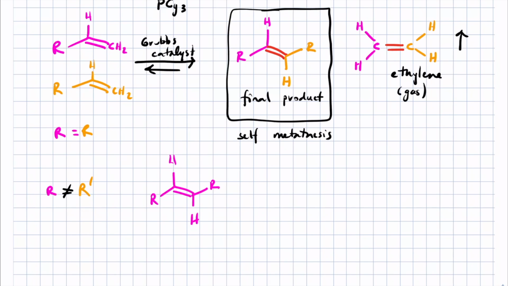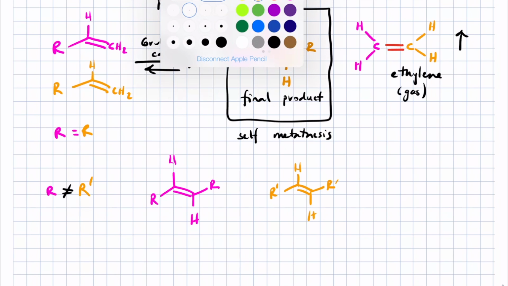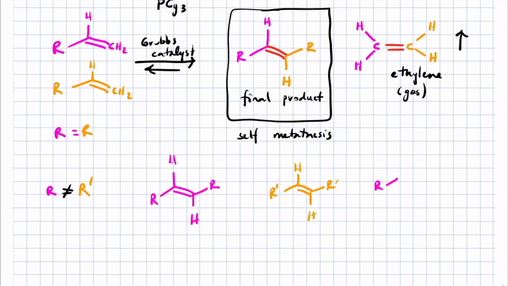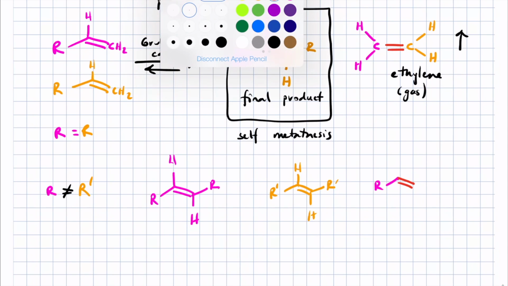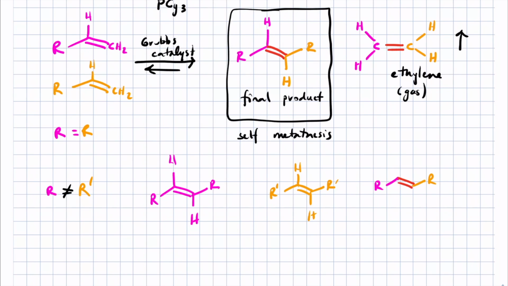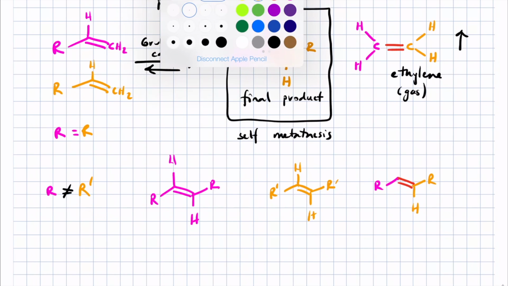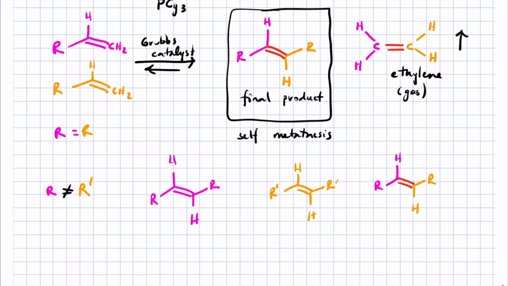So that's the self-metathesis product of pink R, the self-metathesis product of orange R, and then the cross-metathesis product, and that can be kind of messy.